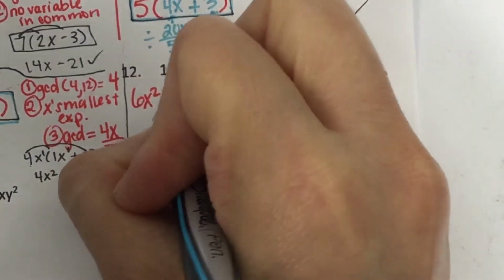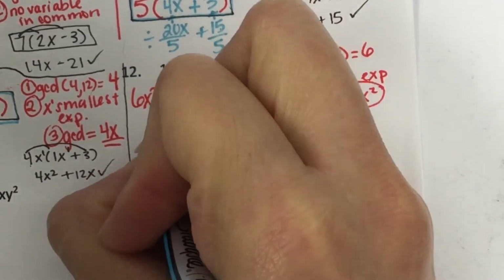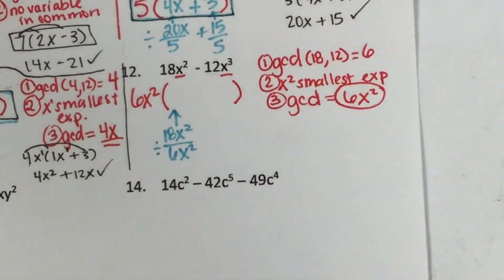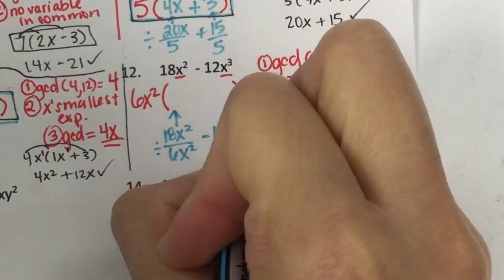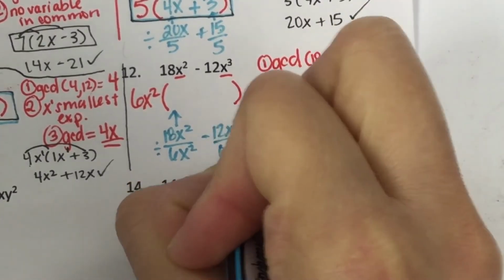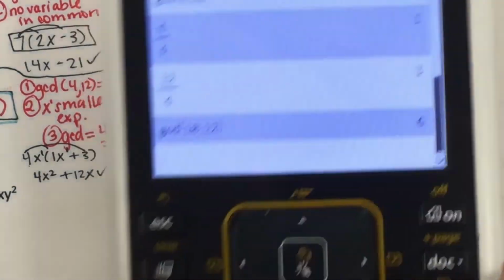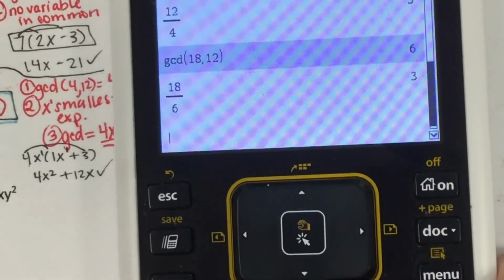So we're going to take 18x squared and divide it by 6x squared. Again, when you divide, you subtract the exponents, and then you're going to take a negative 12x cubed and divide it by 6x squared. Subtract your exponents. So 18 divided by 6 is 3.